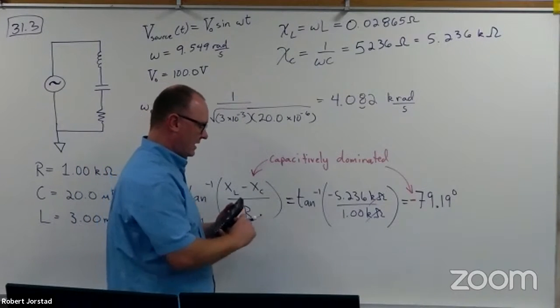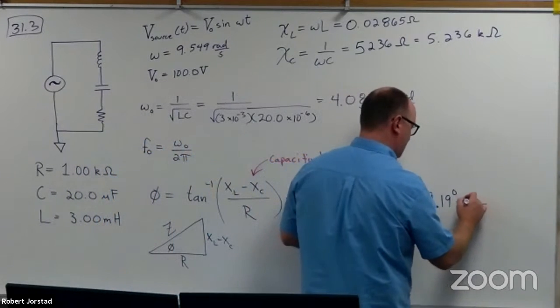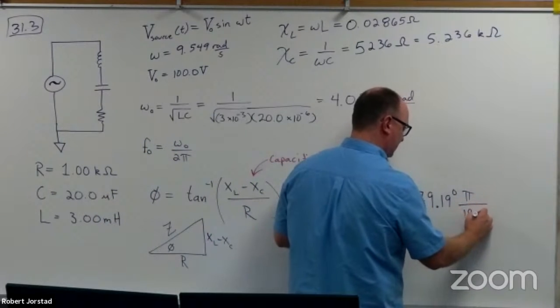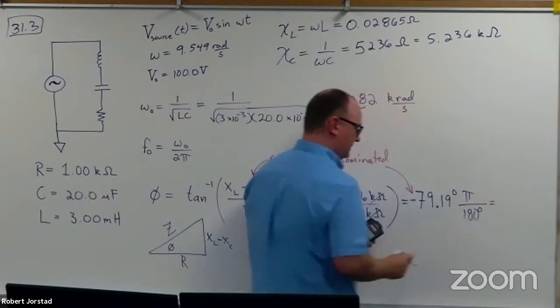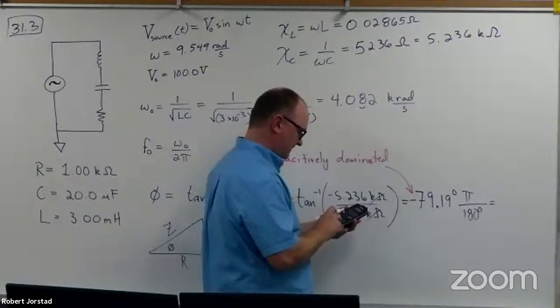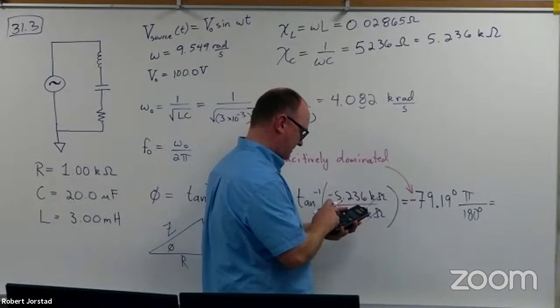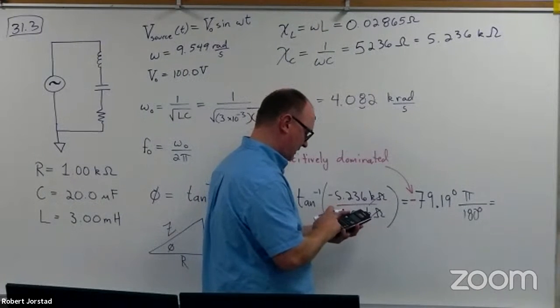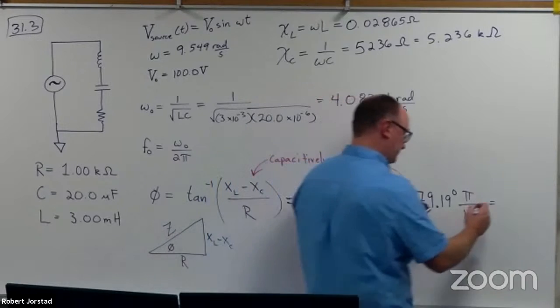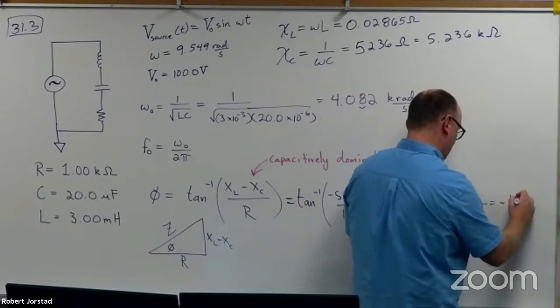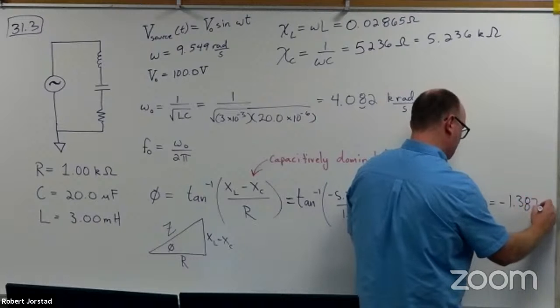So to convert that to radians, what is it? I want pi radians over 180 degrees. So if I multiply that times pi, divide by 180, negative 1.382 radians.